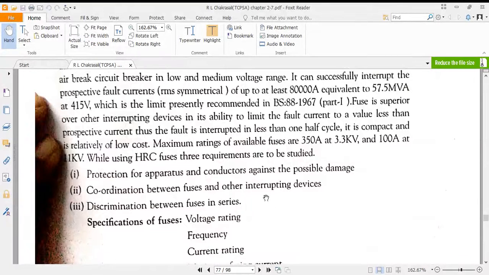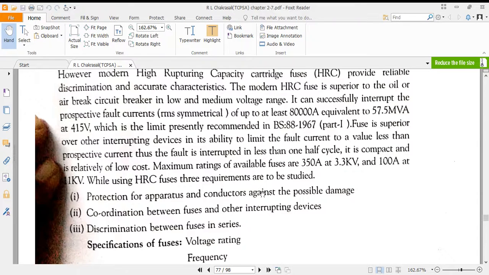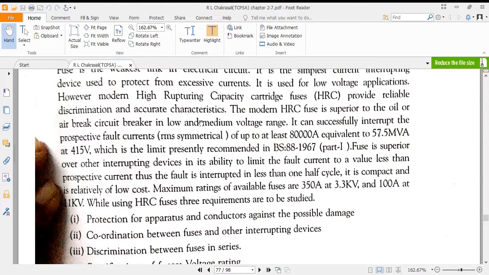In the similar way, in circuit breakers where it is handling very high value of currents, can you see this? Up to 80,000 amperes. Nowadays, there are HRC fuses, which are called high rupturing capacity cartridge fuses.